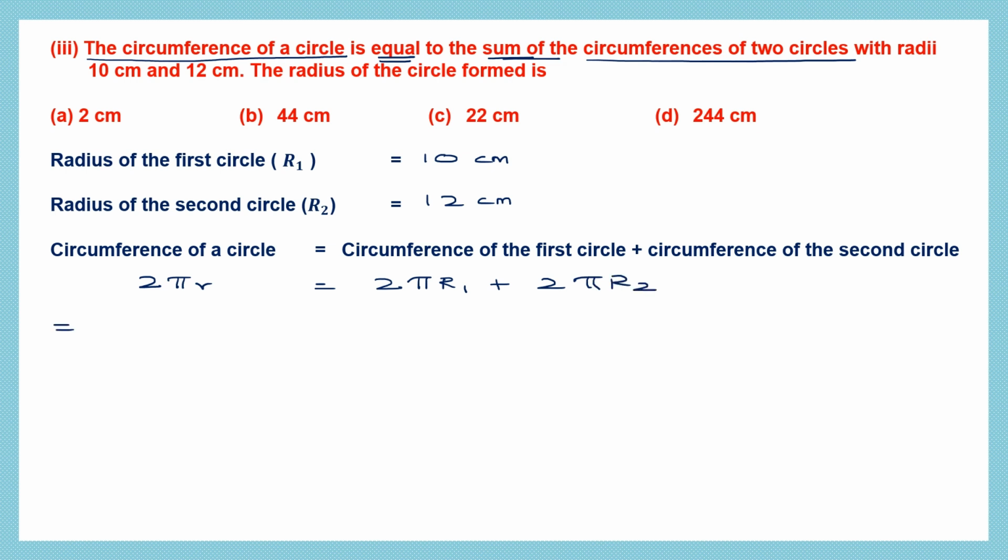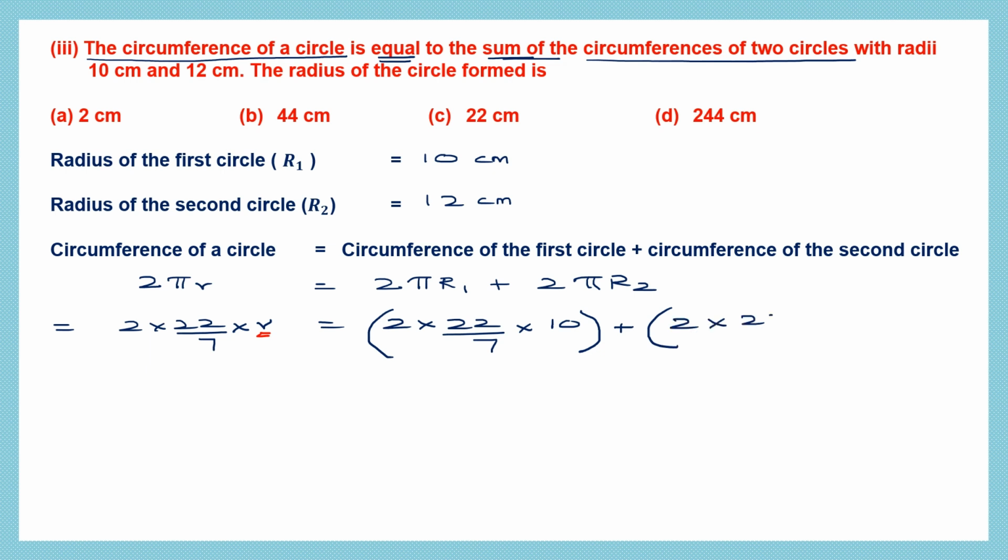So here we have 2 into 22 by 7 into r. This is the r that we are going to find. On this side we have 2 into 22 by 7 into r1, and r1 is 10 centimeters. So this is one circumference, plus 2 into 22 by 7 into r2, which is 12. Now we need to simplify all this.